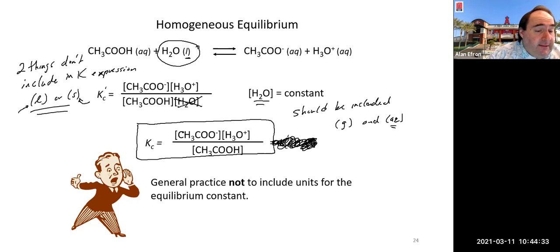Something that's aqueous is usually a solution, made by dissolving something in a liquid like water. If you take water and sodium chloride and dissolve them together, you get a sodium chloride solution, which gets the aqueous symbol. If you have just water by itself, it gets the liquid symbol. Any questions on that?